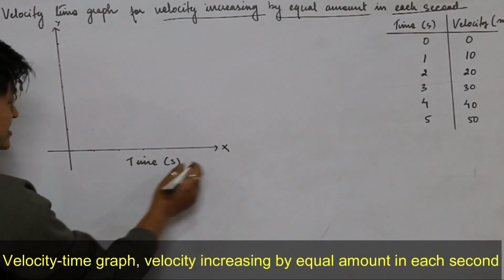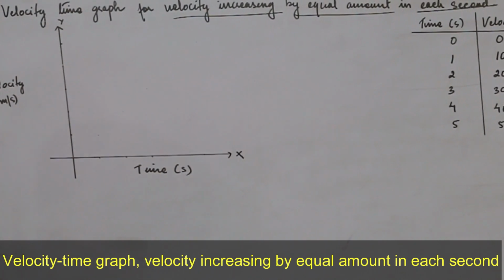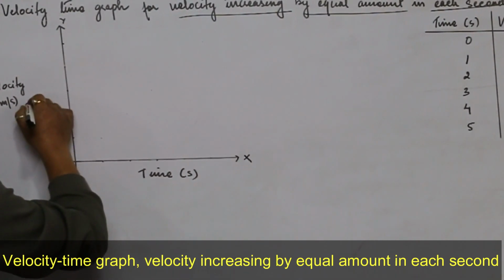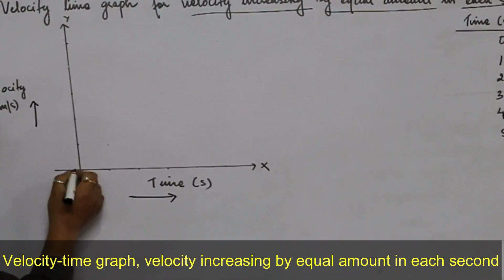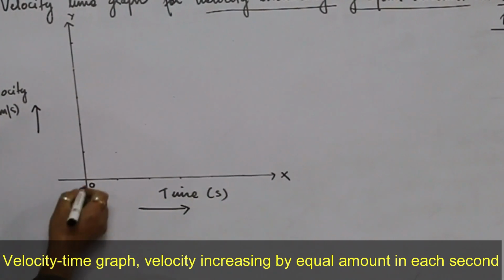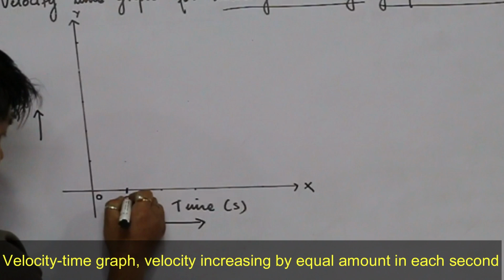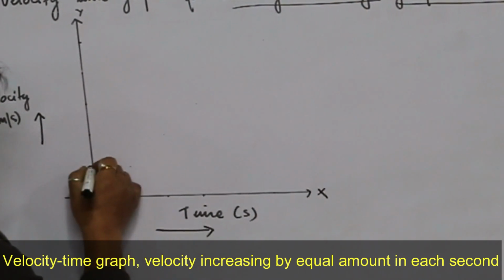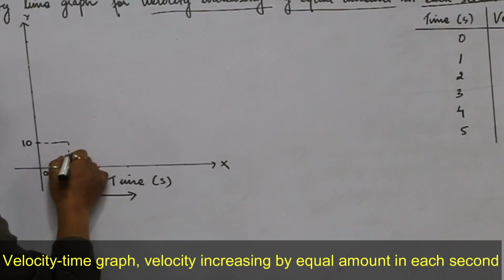Here on the x-axis we have time in seconds, on the y-axis we have velocity in meter per second. This is your velocity, this is your time. Initially when the time is 0 seconds, the velocity is also 0. At time 1 second, velocity is here 10 meter per second. So we can join this.